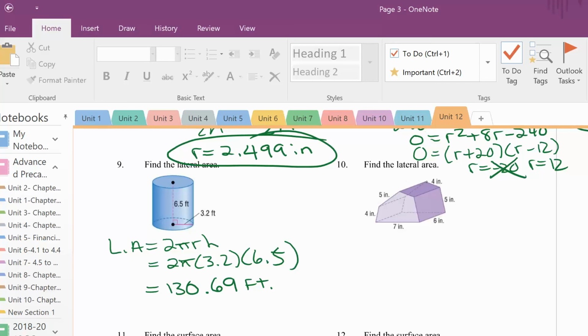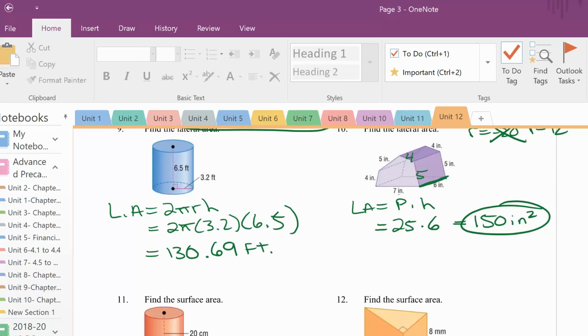Well, the base is 4 and 5. Lateral area, remember, is the perimeter of the base times the height in a prism. So the perimeter of the base here is 4, 9, 13, 18, 25 times the height, which is 6. So 25 times 6 would be 150 square inches. That's just the lateral area.